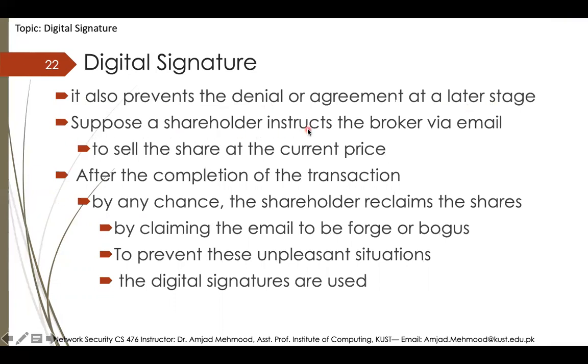Suppose a shareholder instructs the broker via email to sell the share at the current price. After the completion of the transaction, by chance the shareholder reclaims the share by claiming the email to be forged or bogus. To prevent these unpleasant situations, digital signatures are required.